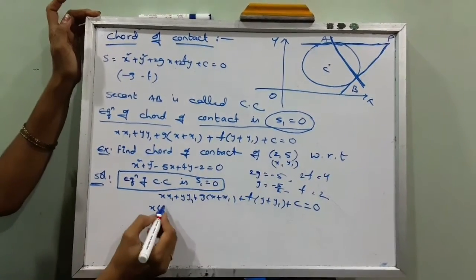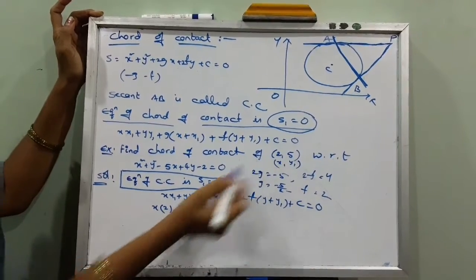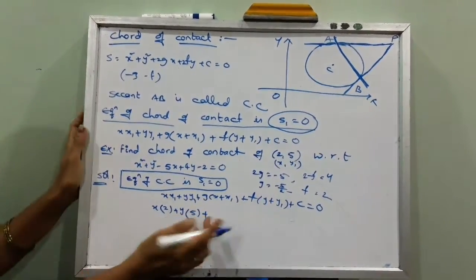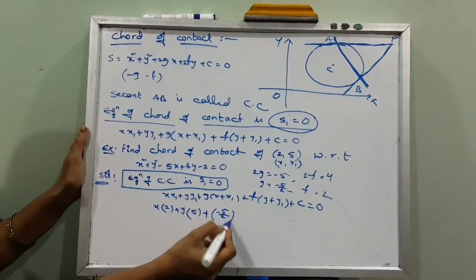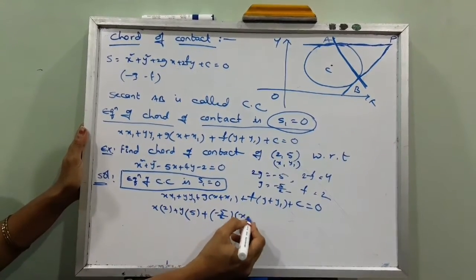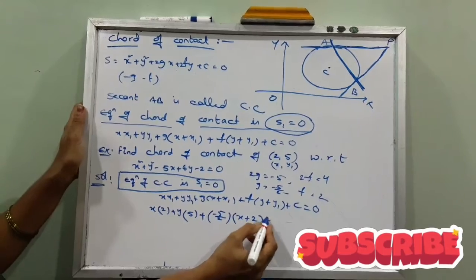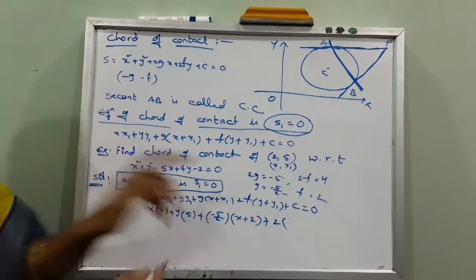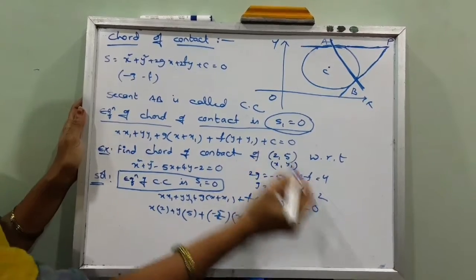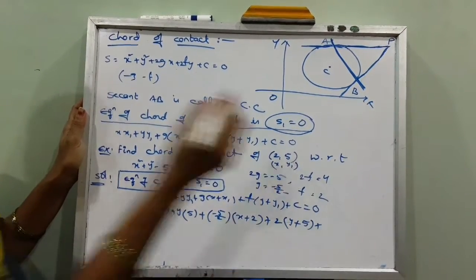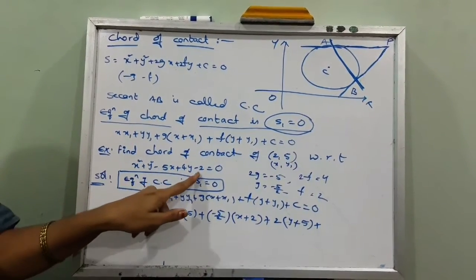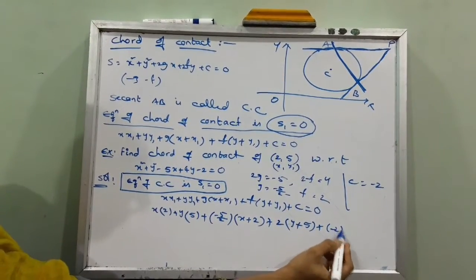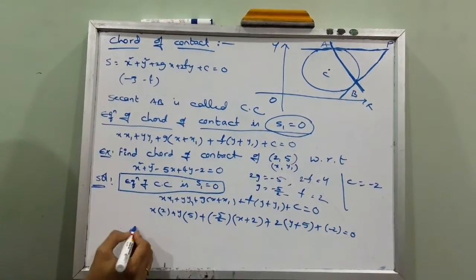Then x into x1 which is 2, plus y into y1 which is 5, plus g, which is minus 5 by 2, of (x plus x1) which is x plus 2, plus f which is 2, of (y plus y1) which is y plus 5, plus c, here c is equal to minus 2, is equal to 0.